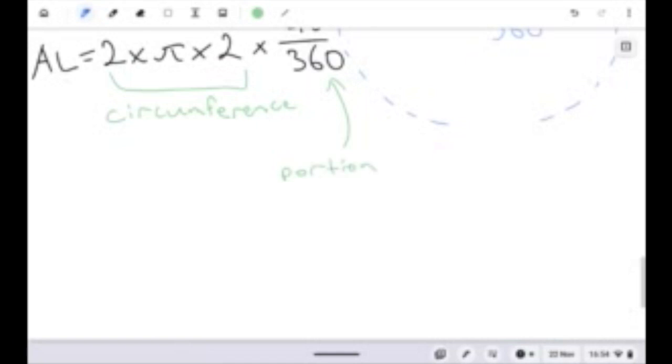So I'm multiplying my circumference by the fraction that's being given here. And if I pop this into my calculator, let's see what I wind up with for my arc length. Well, 2 times 2 gives me 4 times pi times 45 over 360. And that gives me an arc length to 2 decimal places of 1.57 centimeters.